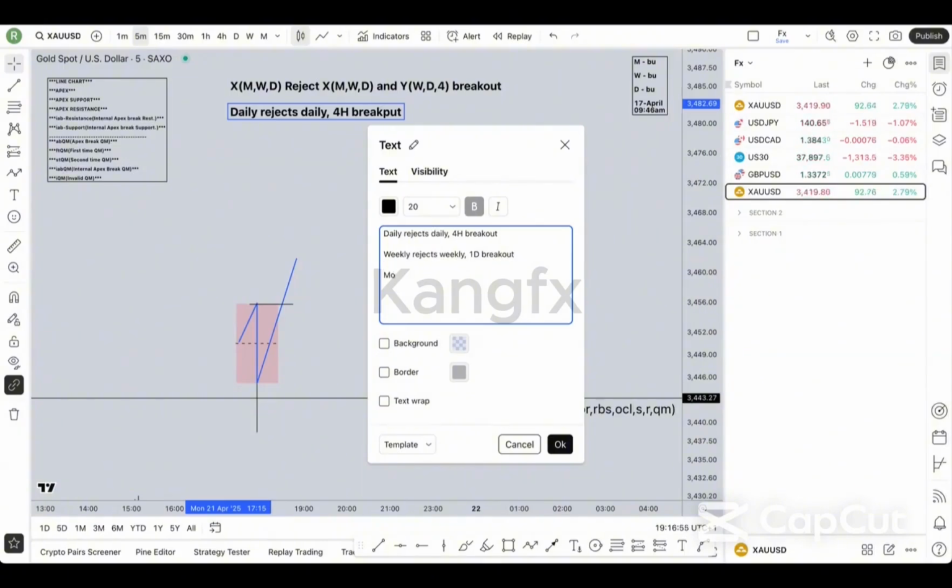The same thing. Monthly rejects monthly, weekly breakouts.